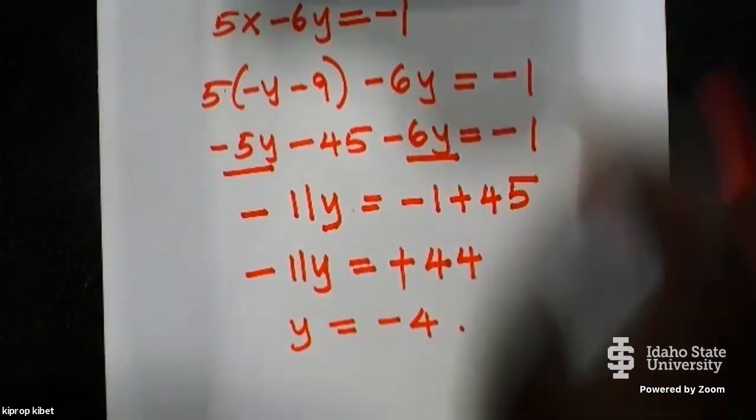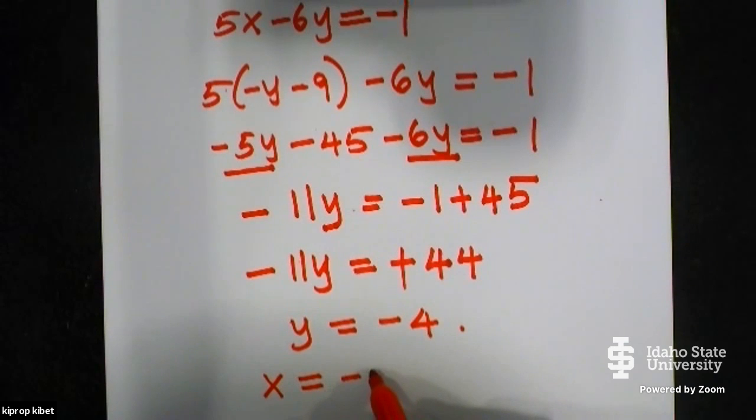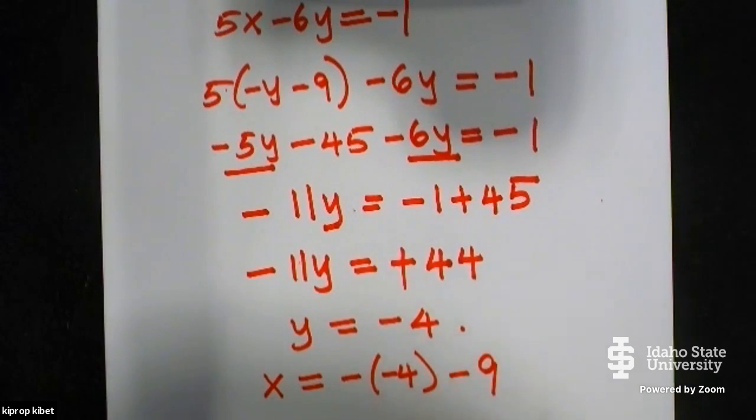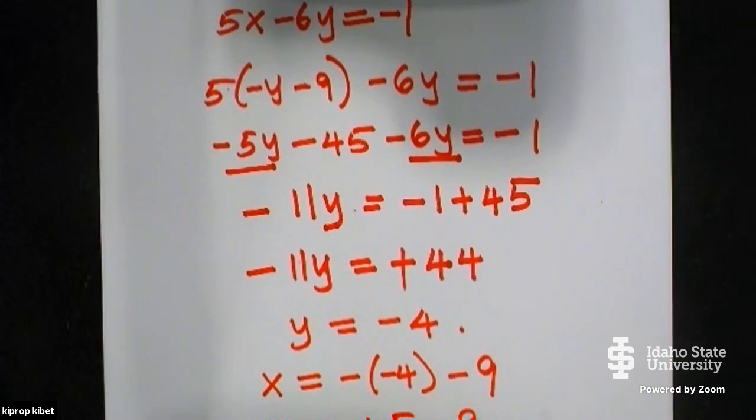So you do substitution, so you get x equals minus y minus 9, with y equal to minus 4. So what is x? x equals minus 1 minus 4. So our system will be minus 4 and minus 4.